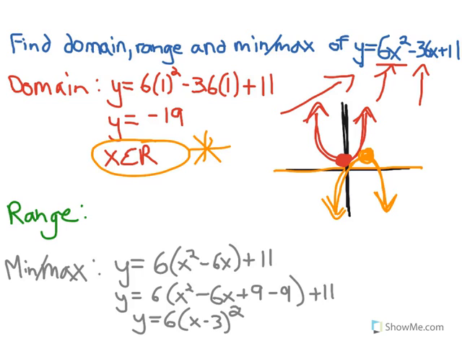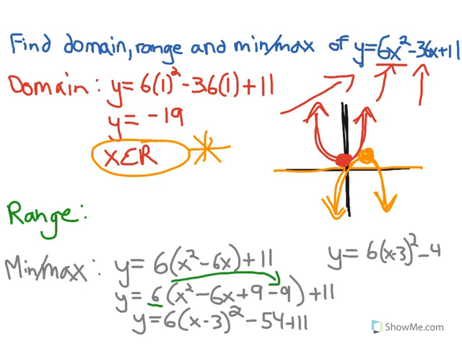We have to multiply the 6 out front by the -9 to bring it out of the bracket, which is -54, plus 11. So your final equation in vertex form is y = 6(x - 3)² - 54 + 11, which is -43.